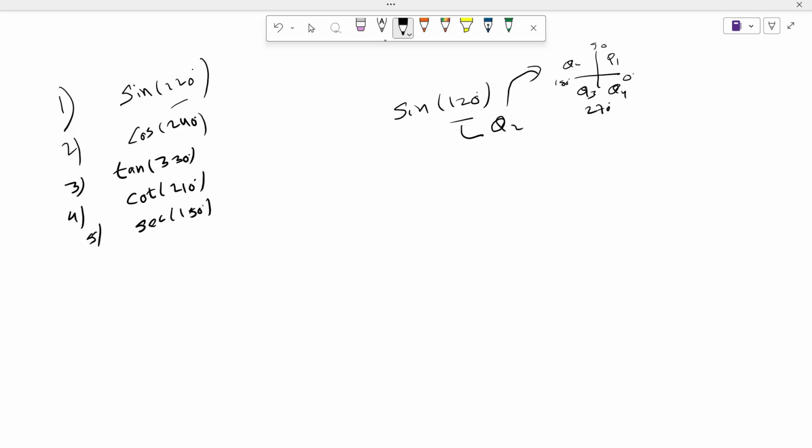In this quadrant, as I explained in the previous video, sine and cosec are positive. As we have sine here, we can directly take the positive value as it is. If something else is there, for example cos, then we take minus, because in this quadrant only sine theta and cosecant theta are positive, and all the others are defined but have a negative sign.